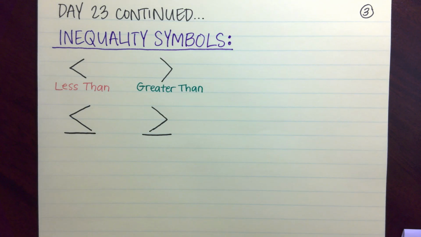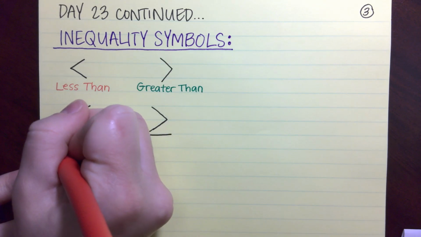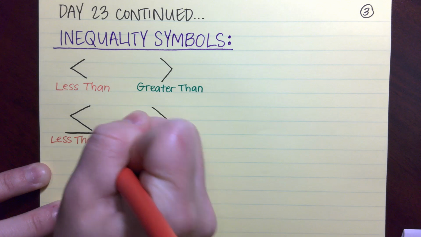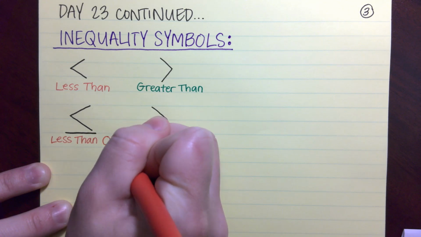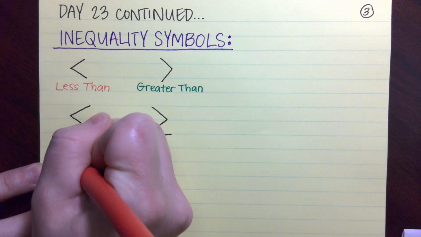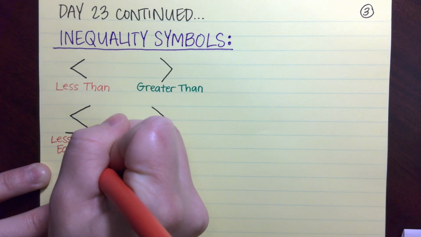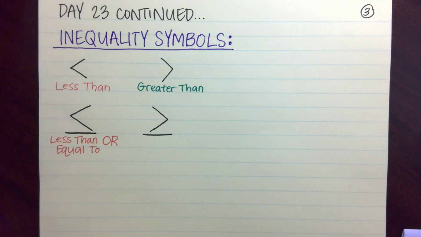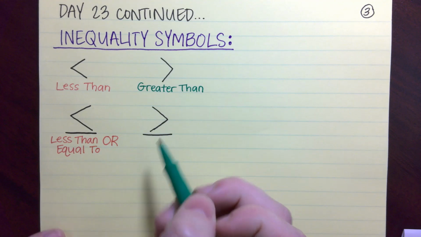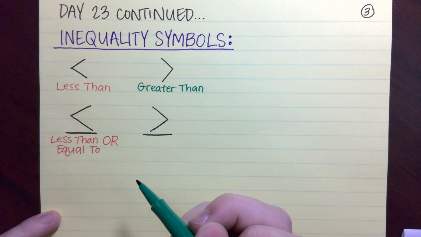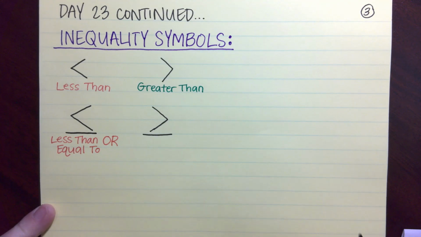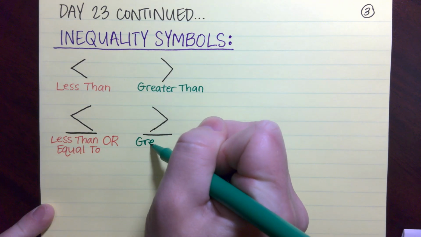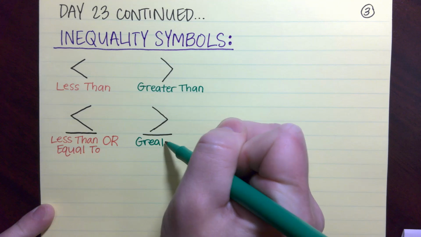All this means is less than or equal to. It's like an equal sign mixed with a less than. And then the next symbol, what do you think that means? Greater than, yeah, it means greater than or equal to. And I'll show you what that means in context when it's in between numbers.